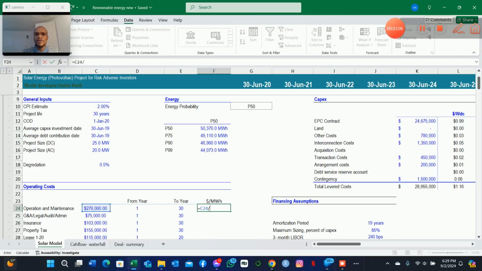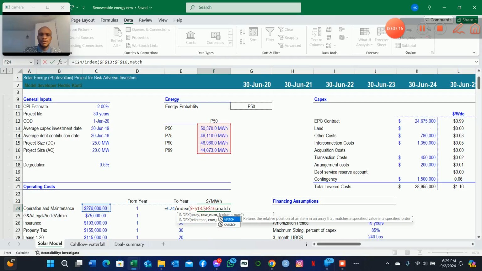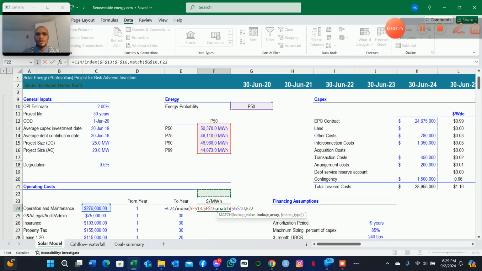We take this and we just divide it by the index, and we are indexing all of this here, referencing F4, and we want to match. It means we are trying to look for this value, P50, which we reference with F4. We are looking for it here, so we match that cell as well.